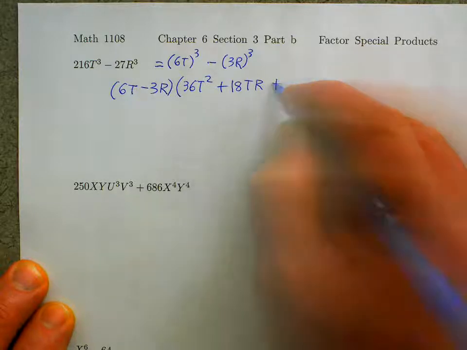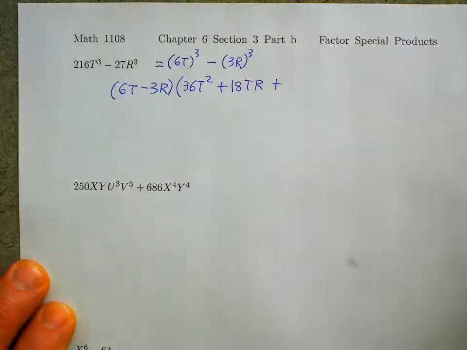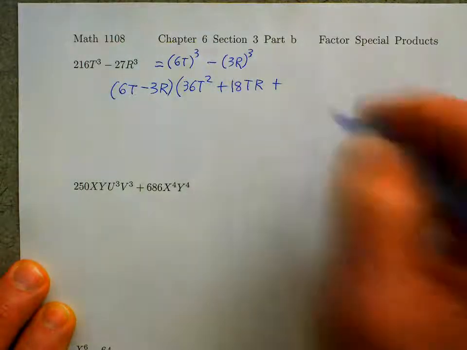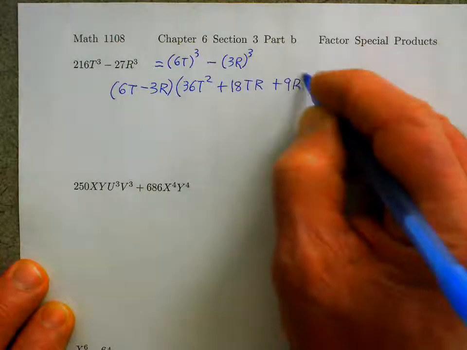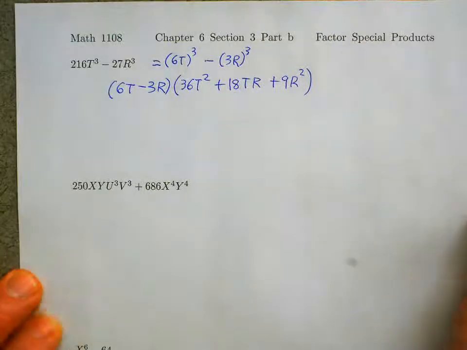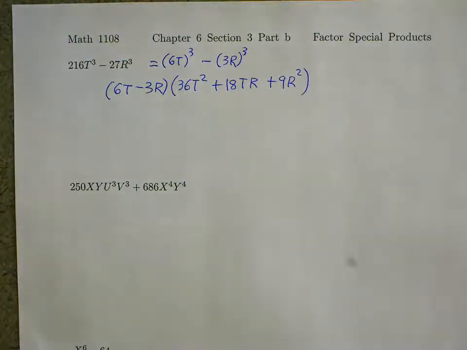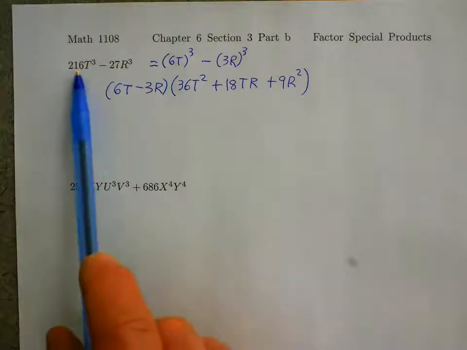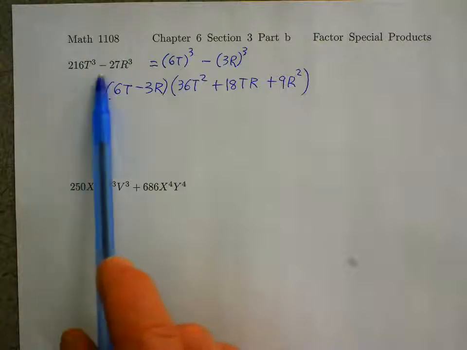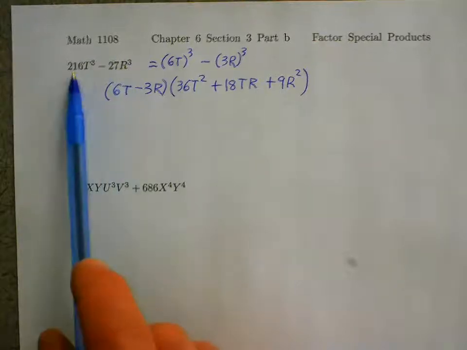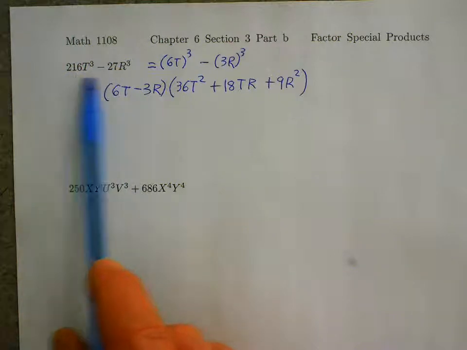And then we're going to add what we get when we square 3r. 3r times 3r is 9r to the second. So is that the complete factorization? Well, no, because it is true that this is a difference of cubes, but the greatest common factor is not 1.